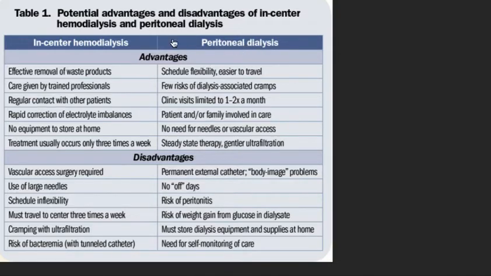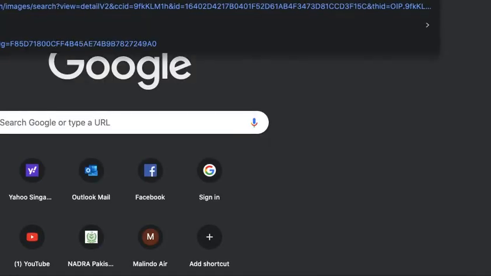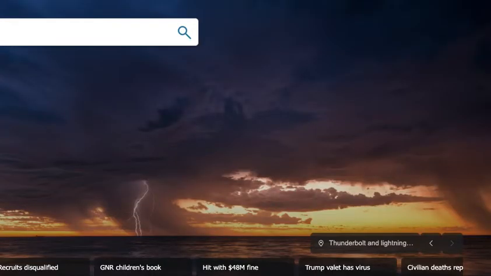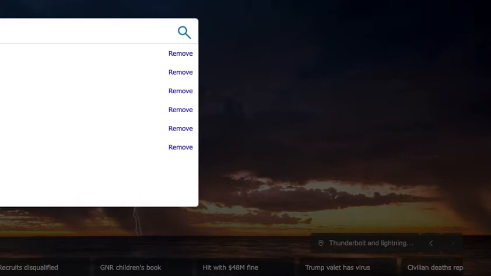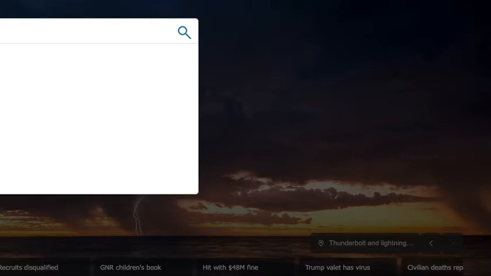Whereas peritoneal dialysis, I'm going to discuss in a while, but the important thing to mention is these are not the medical advantages and disadvantages, these are more like social things. So these are the risk factors of hemodialysis. If you see, hemodialysis has a lot of risk factors.